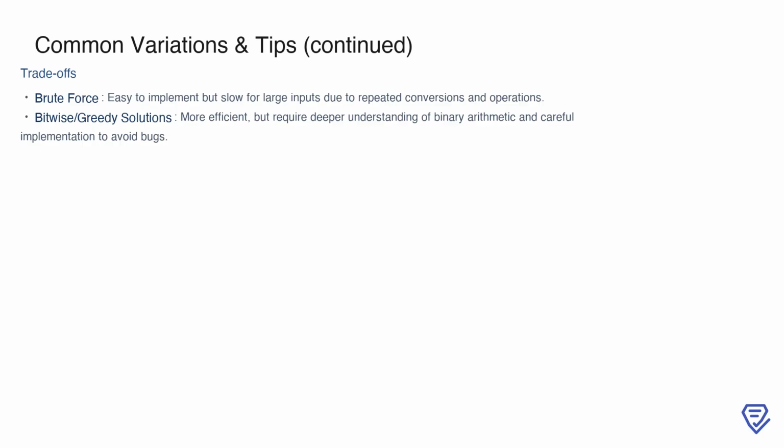These methods require a deeper understanding of binary arithmetic, but they significantly reduce computational overhead. The challenge with these optimized solutions lies in their careful implementation, as even small mistakes can lead to bugs. Choosing the right approach depends on the context, whether you're practicing for interviews, optimizing for performance, or simply learning the fundamentals of binary operations.